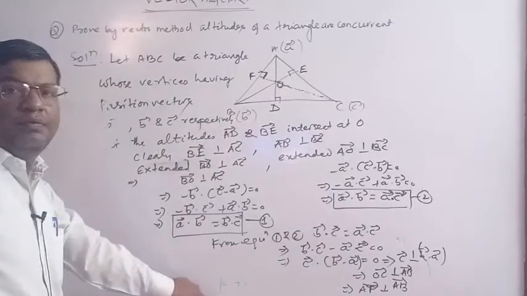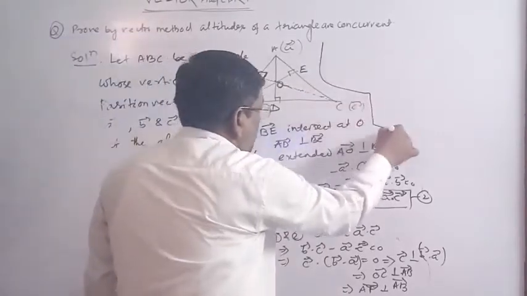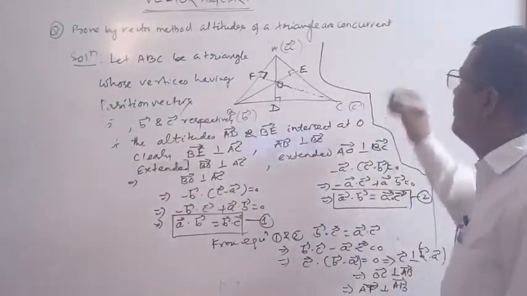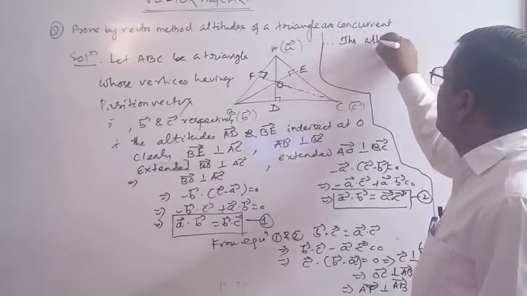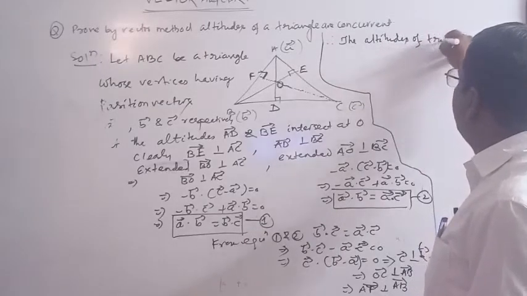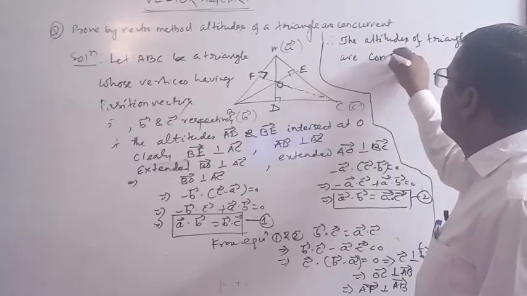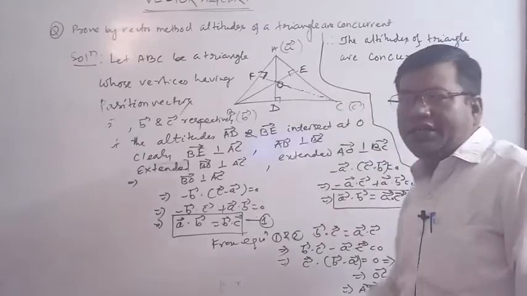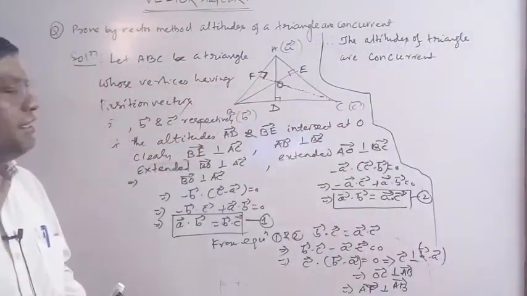Therefore the altitudes of a triangle are concurrent. Okay, got it? The altitudes of a triangle are concurrent.